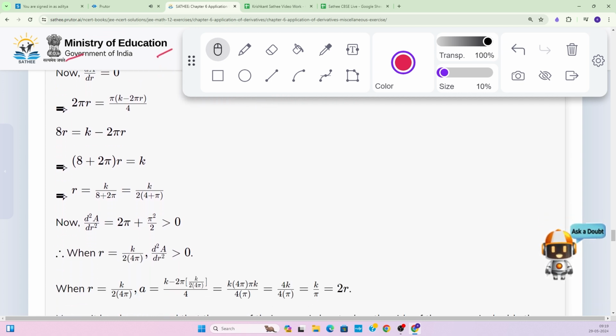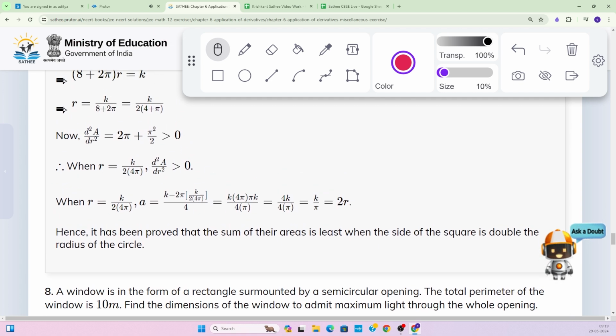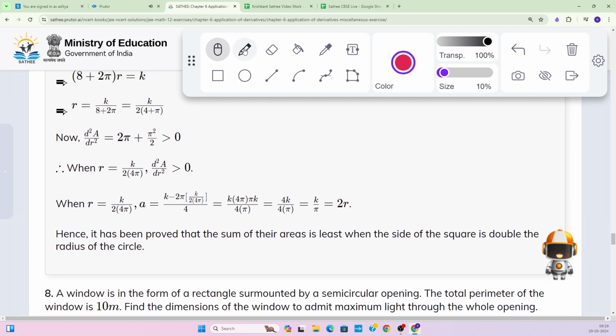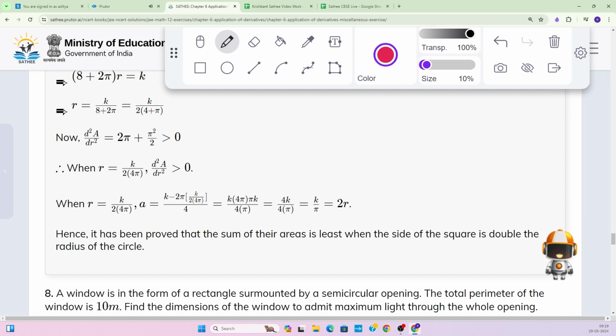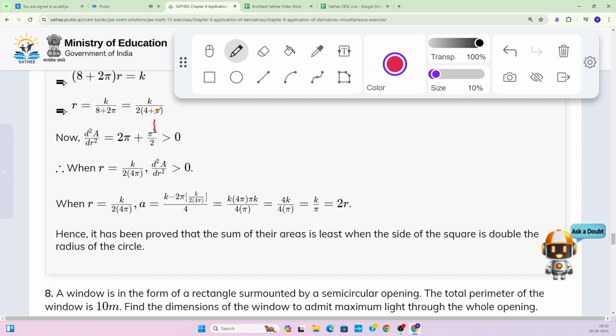This means putting r equal to the critical point, you will have a positive second derivative. Using the second derivative test, you can say that you will have a minimum at r equal to this. So your minimum value will be at r equal to this.